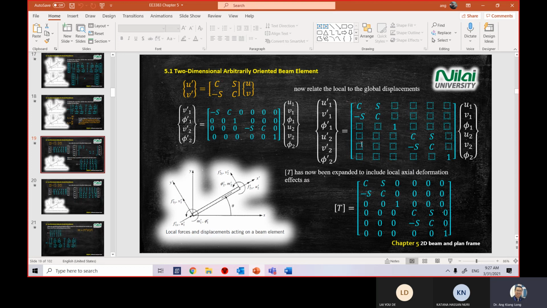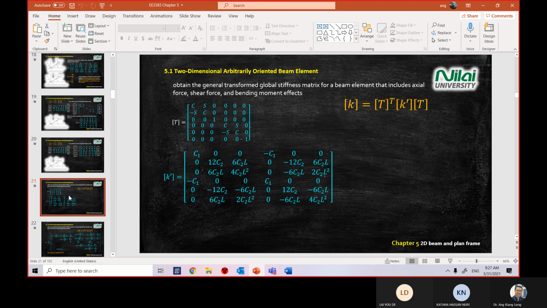The next equation is the transpose of the T just now. Then this one, T, K prime, and this equation: K equals T transpose K prime T. This is the third equation.